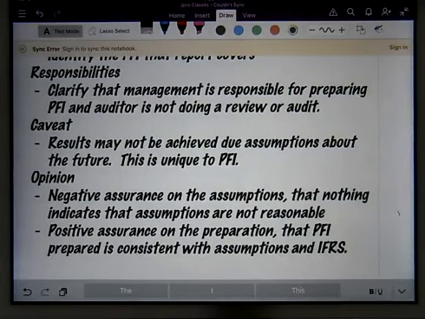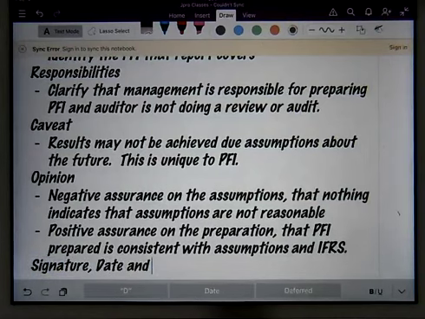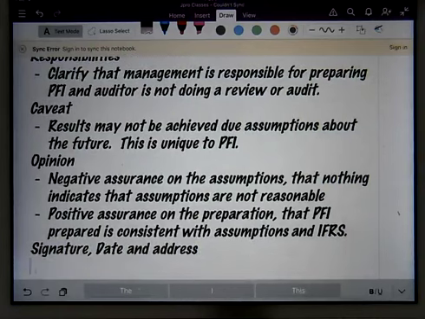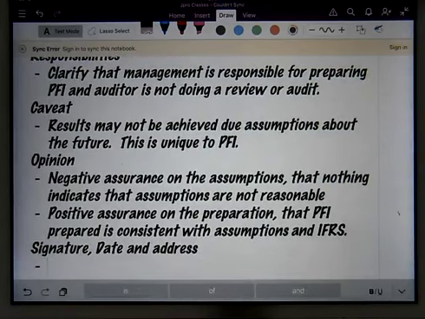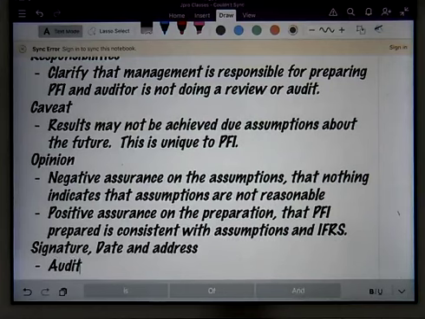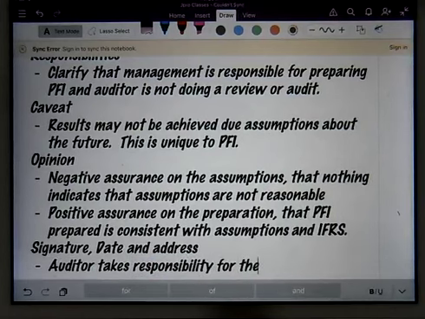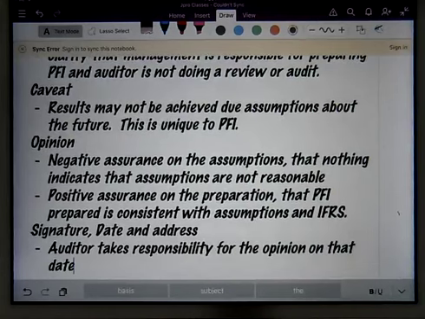Okay, does that make sense? That's basically what you have in a PFI.